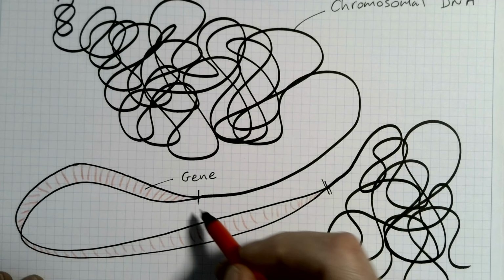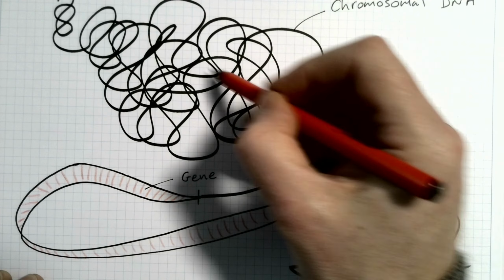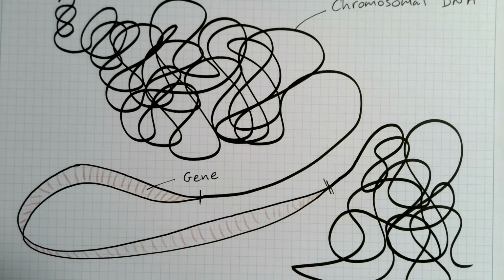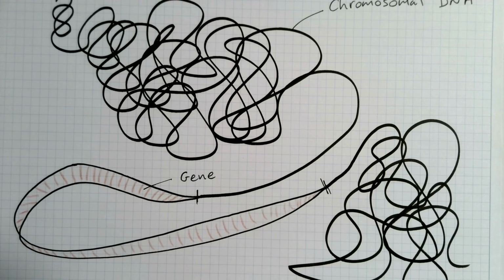So that section of DNA that codes for a protein is called a gene. The chromosome itself is a huge long strand of DNA, most of which doesn't code for proteins. So we have to remember that genes are just small bits of DNA, and the whole chromosome is not made up of genes. It's made up of DNA, of which small parts are genes.